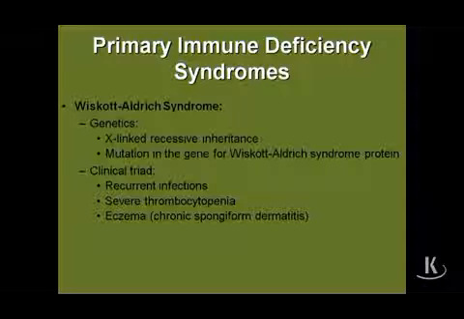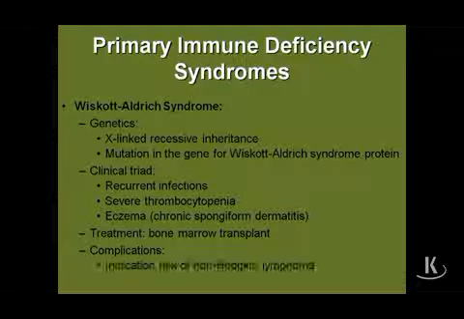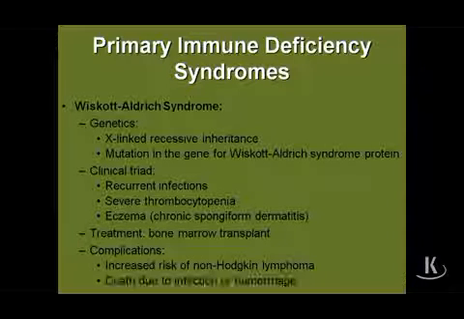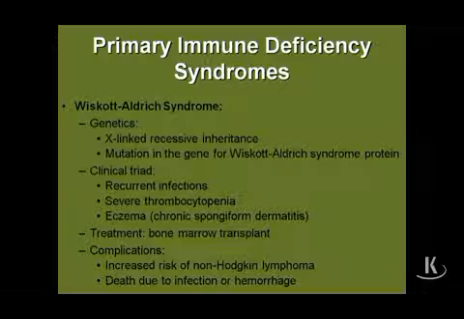Edematous or edema. Eczema is a very common example of a chronic spongiform dermatitis, and the treatment is bone marrow transplantation typically. And the complications, because of the proliferation of lymphoid cells, can lead to non-Hodgkin's lymphoma. And death is usually associated with infection and or hemorrhage because of the thrombocytopenia that's fairly severe in these patients.